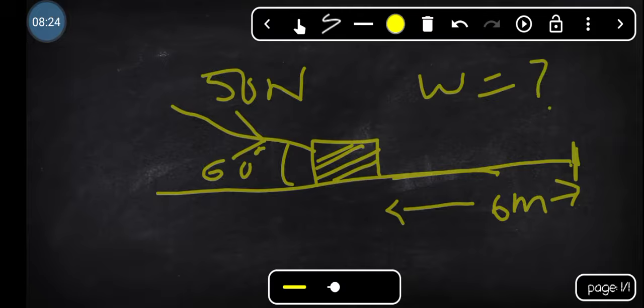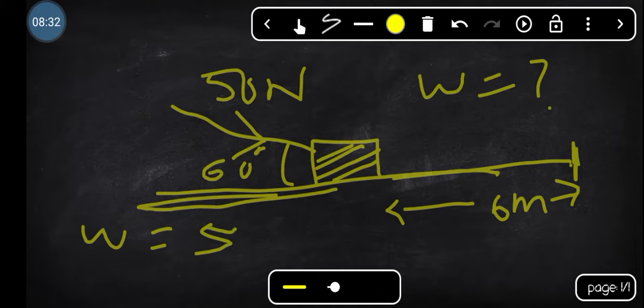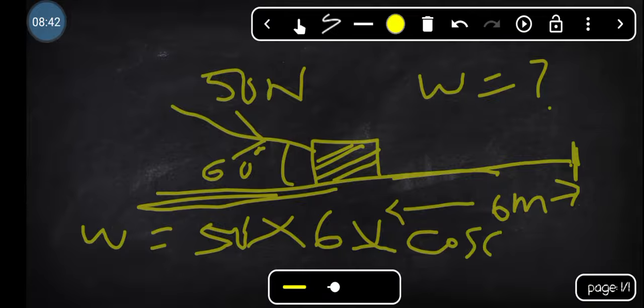The work done is W equals 50 times 6 times cos 60. Let me punch my calculator. 50 times 6 gives us 300. 300 times cos 60, and cos 60 is 0.5.